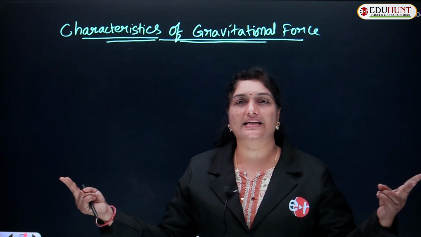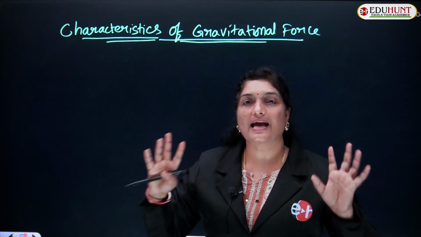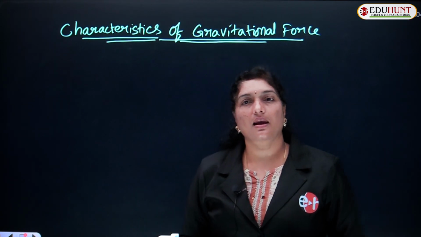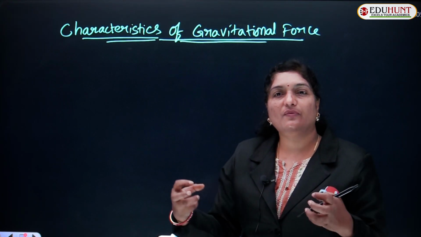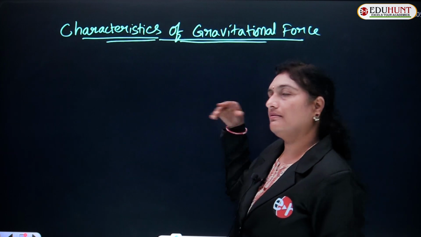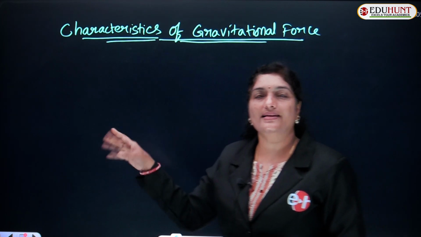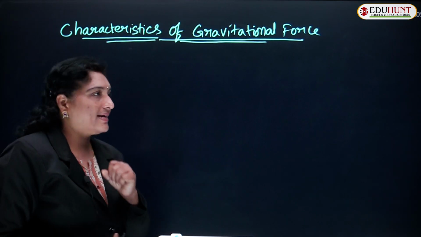Between any two particles in the universe, some force of attraction acts between them. That is called the universal law of gravitation, and the force that acts between those two particles is called gravitational force. And now let us discuss those characteristics in detail.